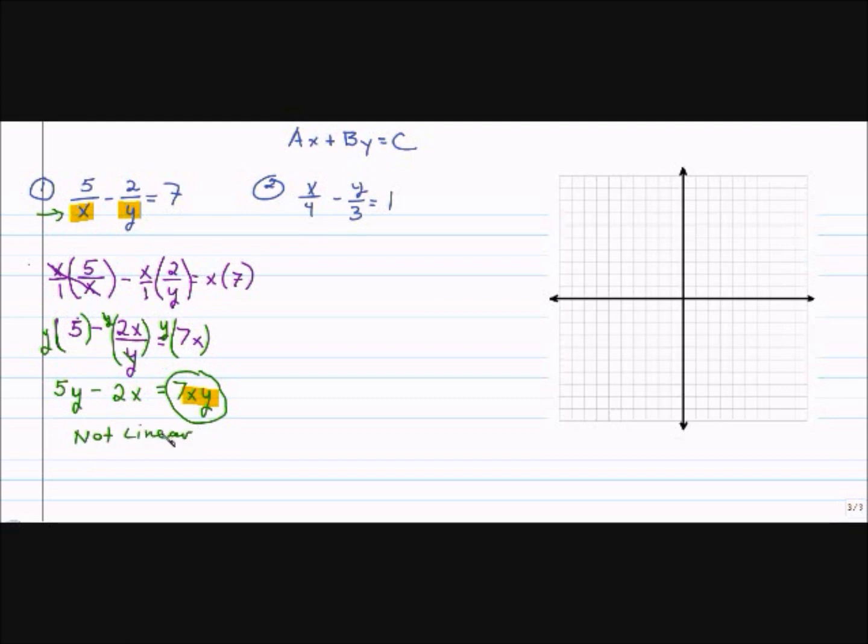Okay, now let's do the same thing, but let's see what happens when you have the x and the y in the numerator. I'm going to do the same thing as far as trying to get rid of the 4 and the 3.